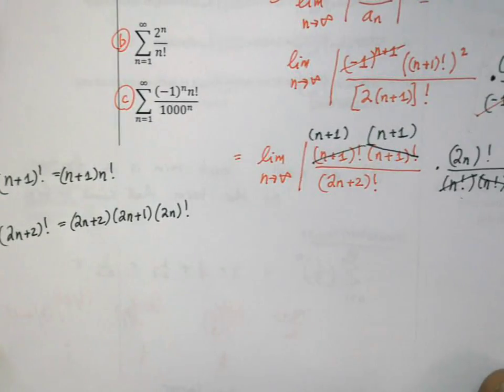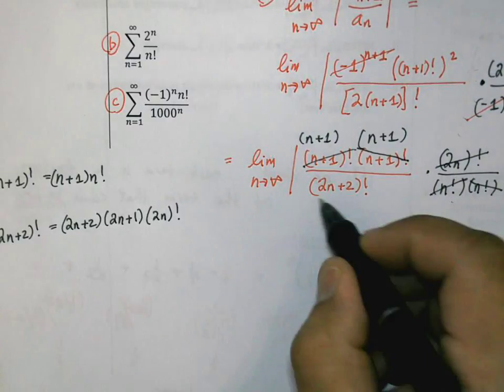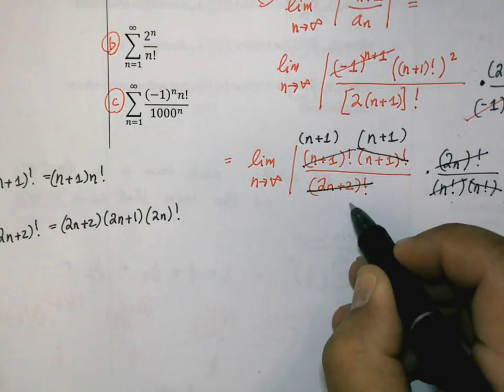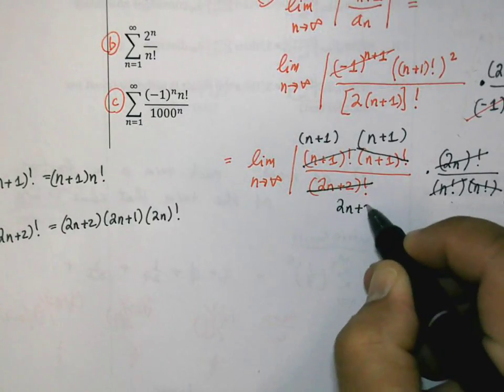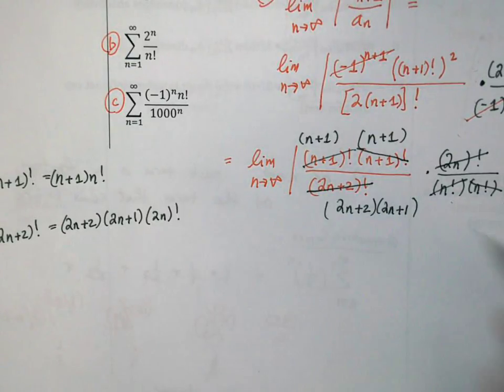So that will allow us to also cancel out this term, and all we are left with down here is 2n plus 2 times 2n plus 1.